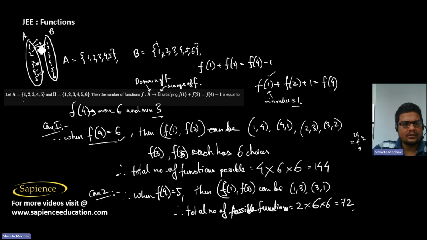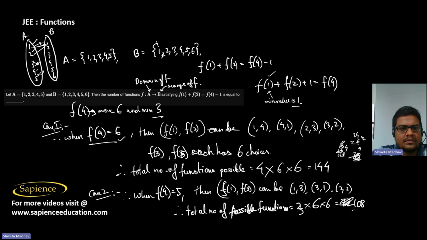So if 1 also maps with 1, 2 also maps with 1, it is possible. Here also we could have taken 2, 2. This will be 3, 6 into 3, or 18 into 6.